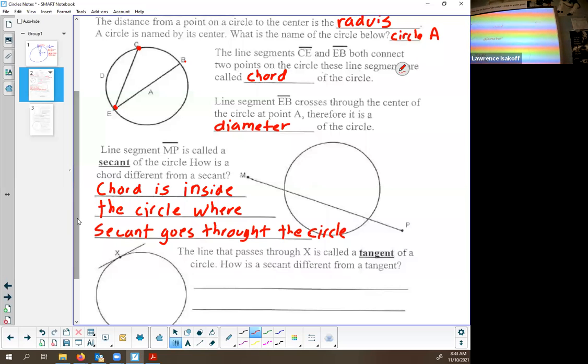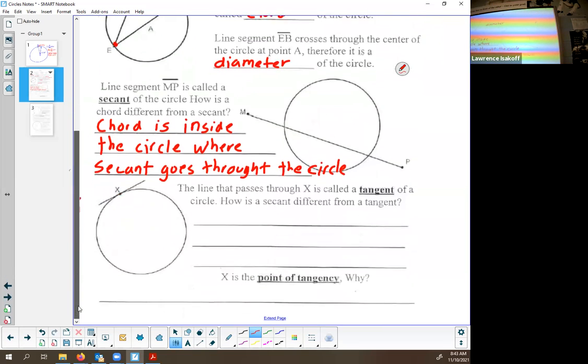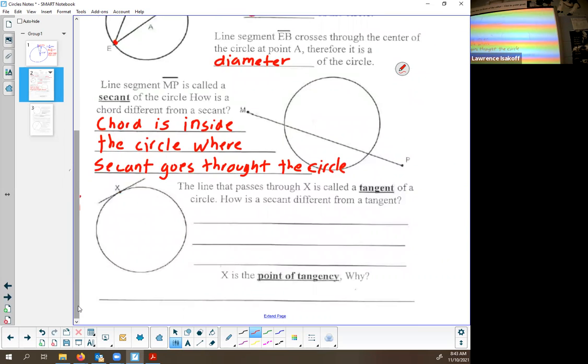So let's take a look now. Over here, they're calling this a tangent. What do you notice is happening with this line here and this circle? What seems special about the tangent and the circle?